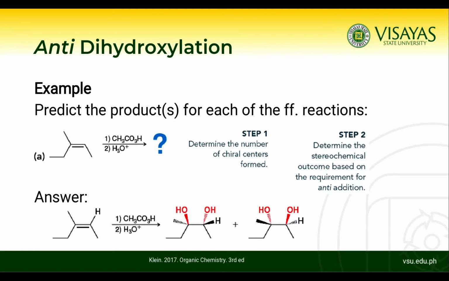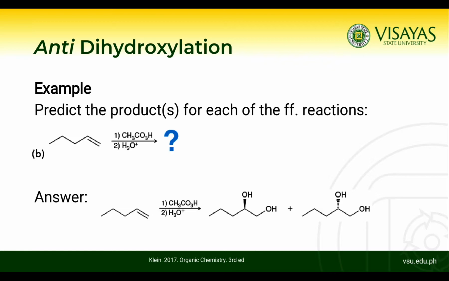Okay, so in this case, we have two chiral centers. So we also show that one hydroxyl is on a broken line, and the other is on a wedge, no? Of course, the two hydroxyl groups will add to the two carbons sharing the double bond. So each gets a hydroxyl. So, one wedge, one broken line.